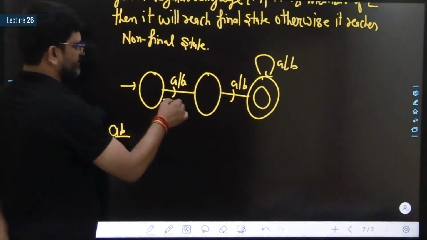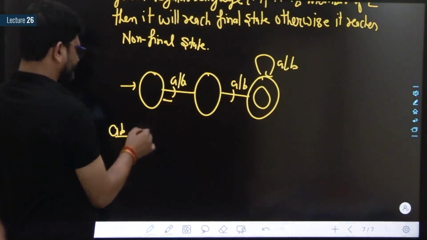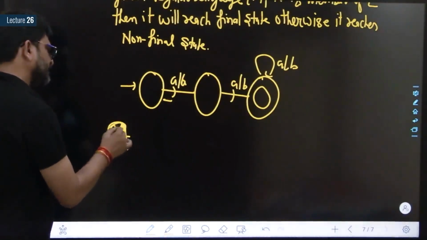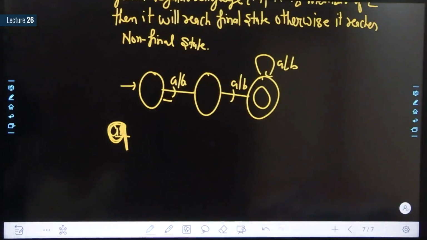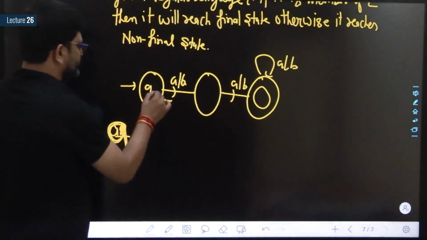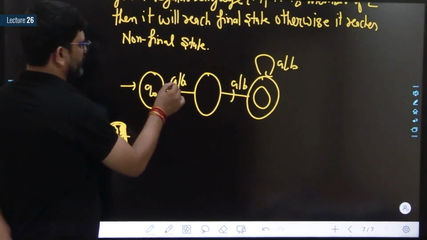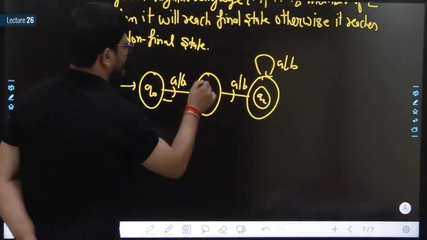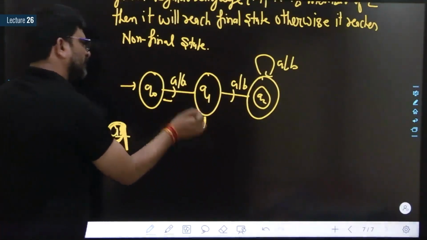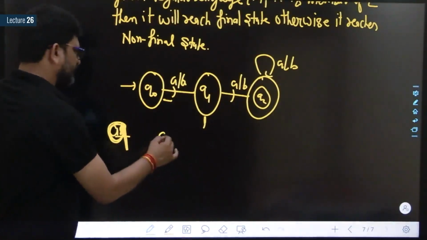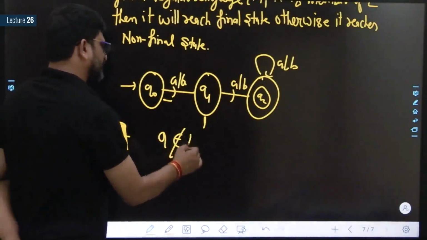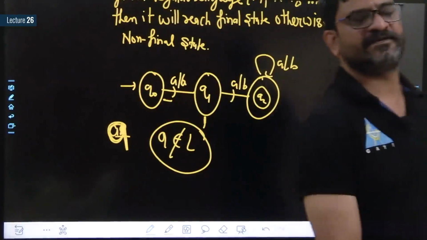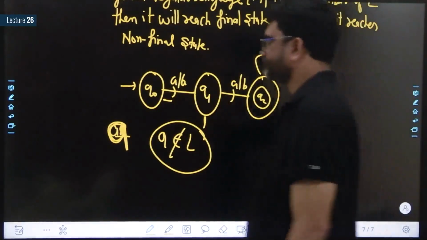Read A. When we read an input symbol A on Q0, it goes to Q1. This is a non-final state. It ends here, non-final state. That's why A does not belong to the language that is accepted by the given finite automata. Clear?